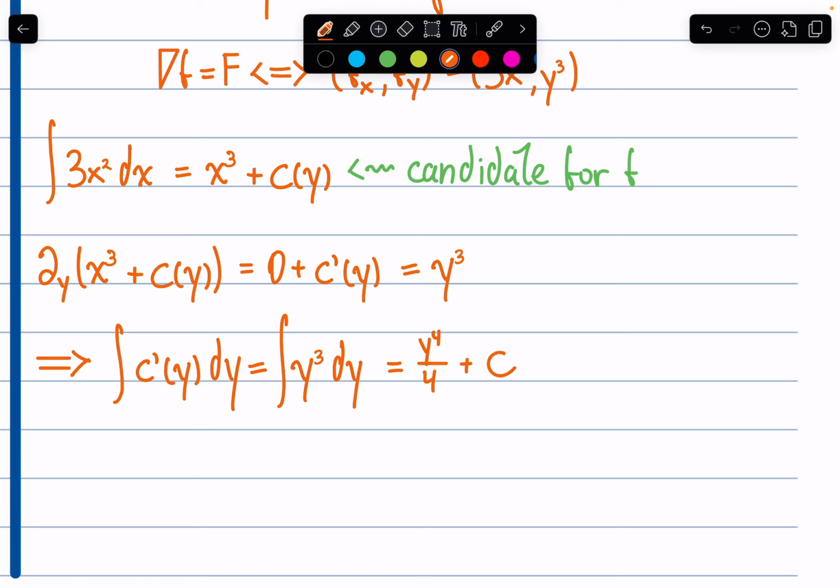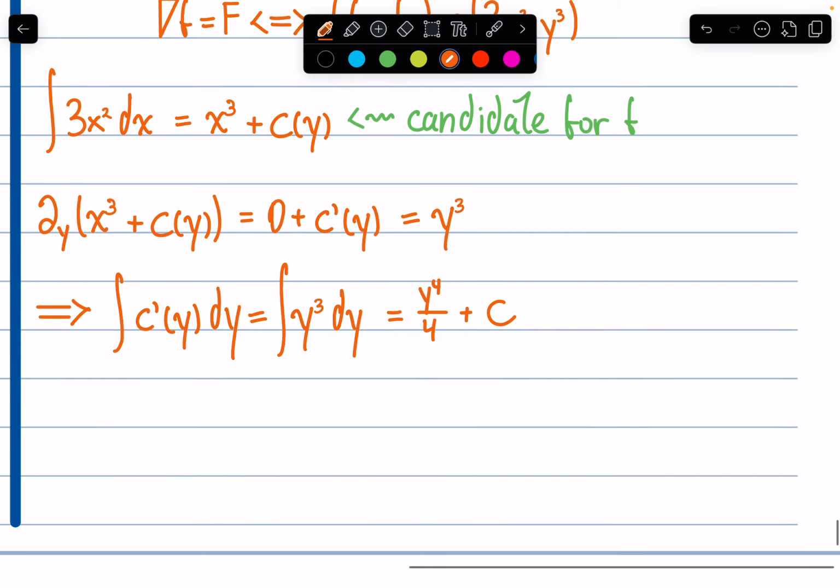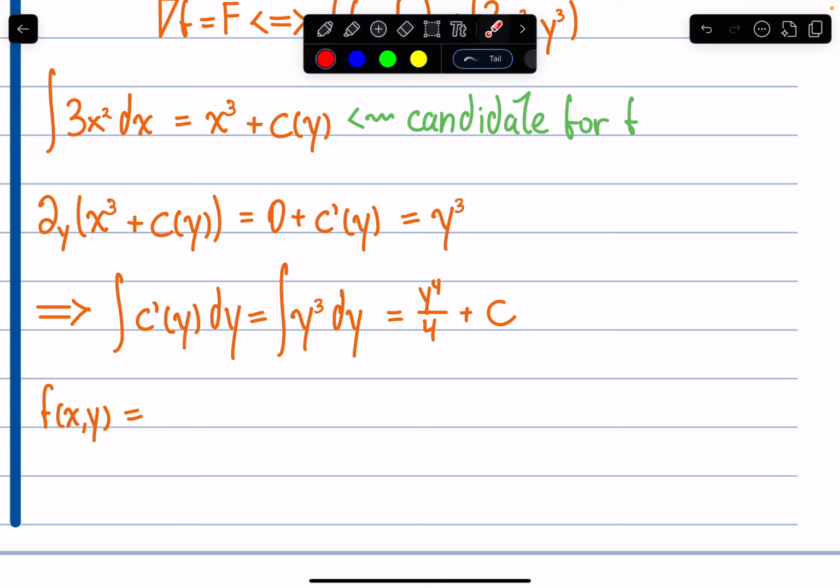And now we just get a true constant of integration. We then have that the original function, the potential, is f of x, y, which is this old amount, x cubed plus c of y, but we have that c of y is the resulting function after integrating c prime, and this is y to the fourth over 4 plus a constant.